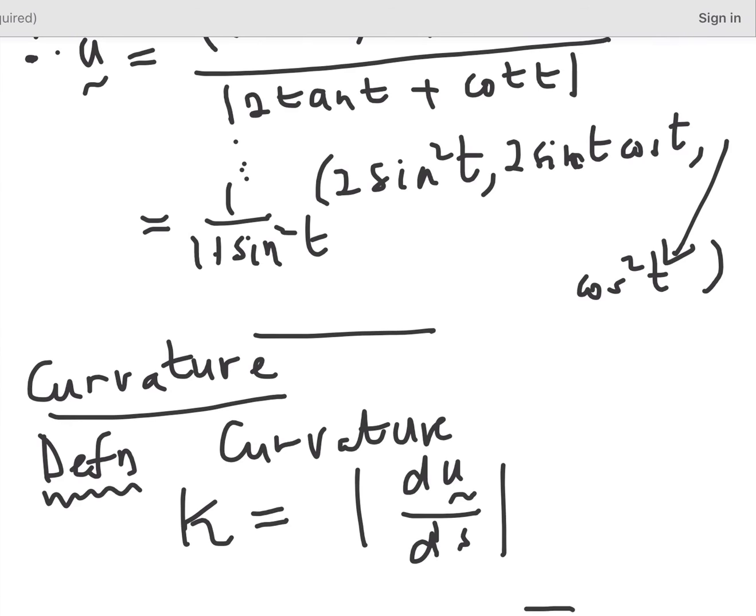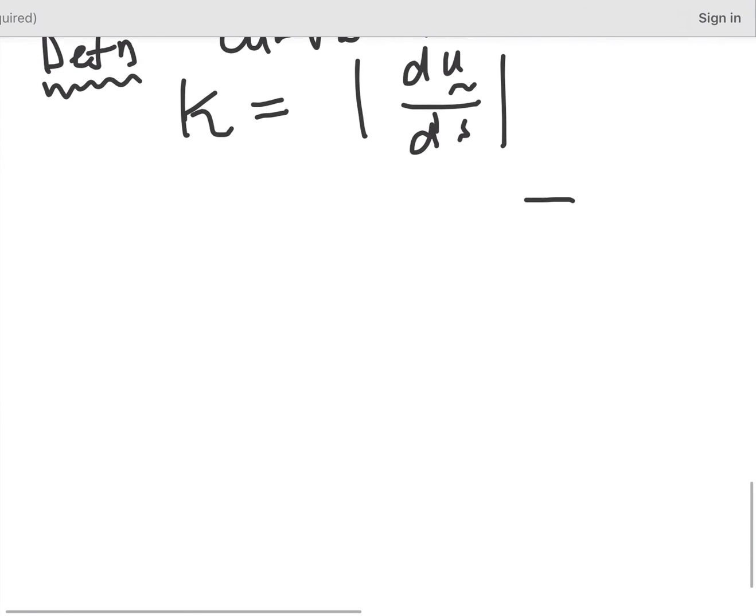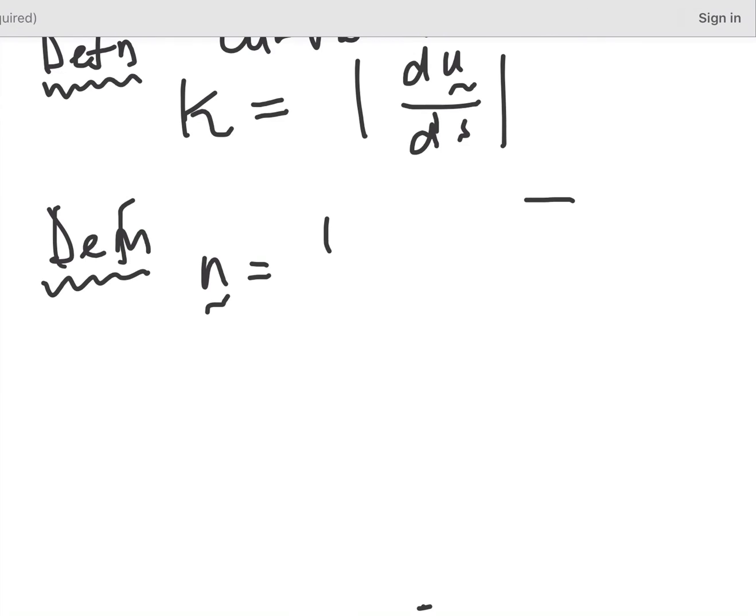We'll introduce immediately the notion of a normal vector. So that's the curvature. Another definition we're going to speak about eventually is the notion of the unit normal vector. So in this definition, I'm going to define the normal to be the vector n would be 1 over the curvature of the path multiplied by du ds, where u is again your unit tangent vector.